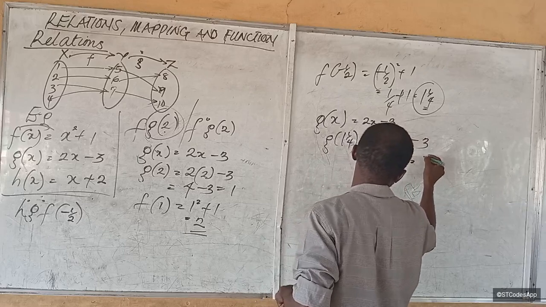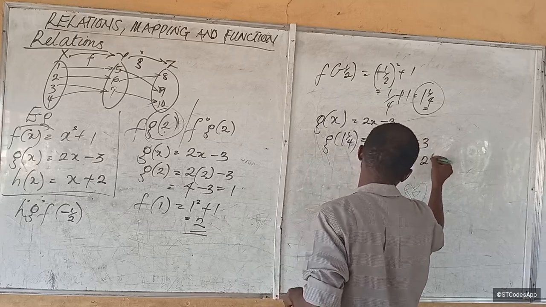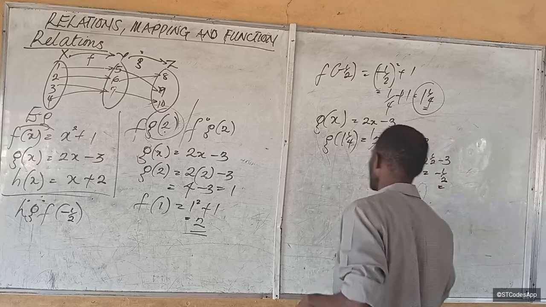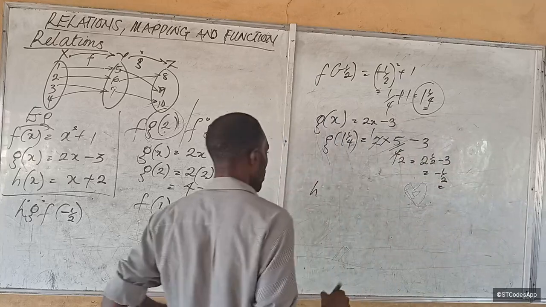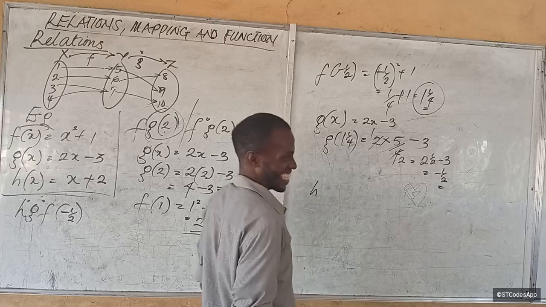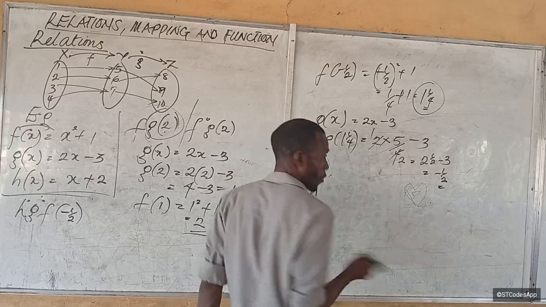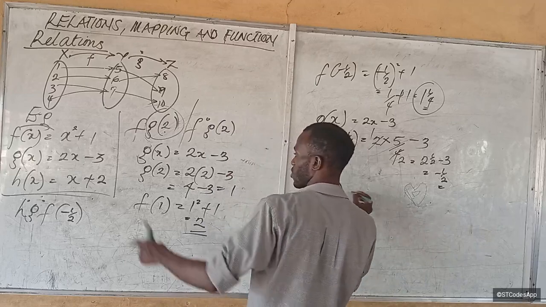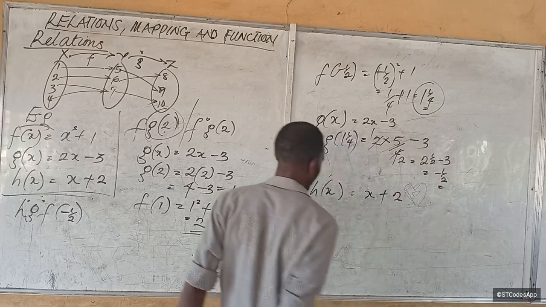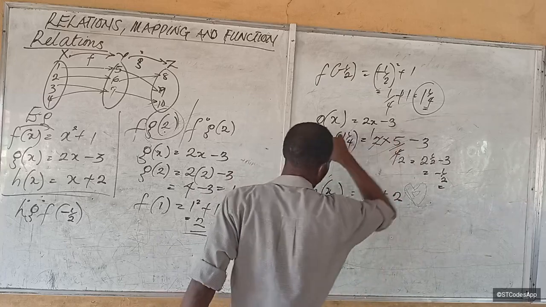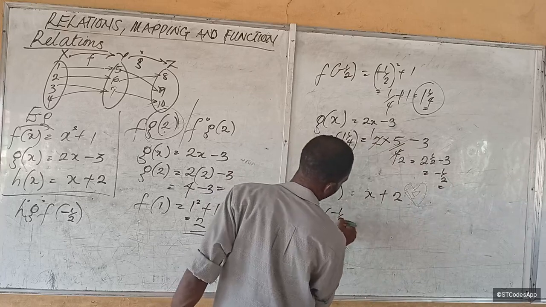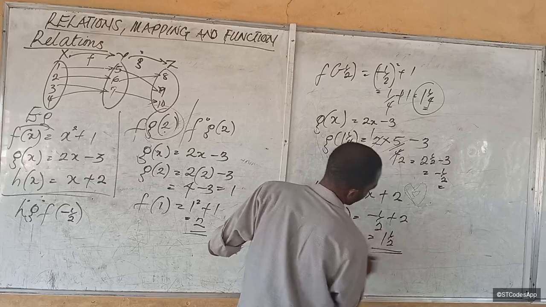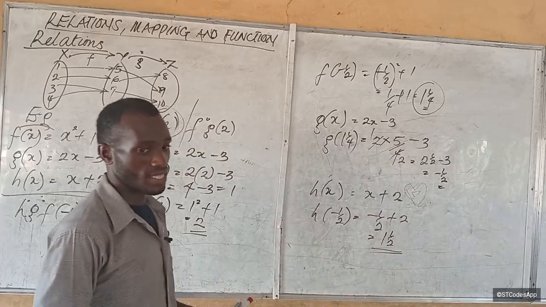So it becomes 2.5 minus 3, which is equal to minus half. So h of x is x plus 2 here. So h of that whole value will be h of minus half, which is minus 1 over 2 plus 2, which is 1 and a half. Is this clear?